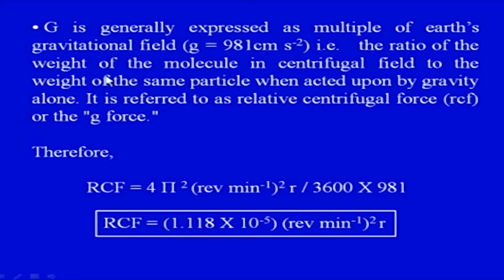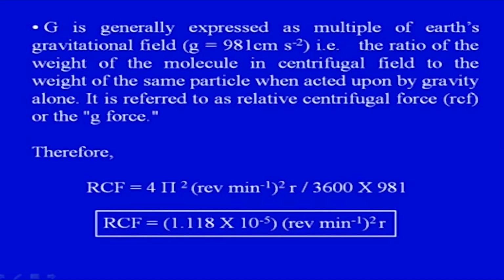So, now G or the centrifugal field is generally expressed as multiples of Earth's gravitational field. Earth's gravitational field is present all the time, which is 981 centimeter per second square. It is the ratio of the weight of the molecule in the centrifugal field to the weight of the same particle when acted upon by gravity alone.